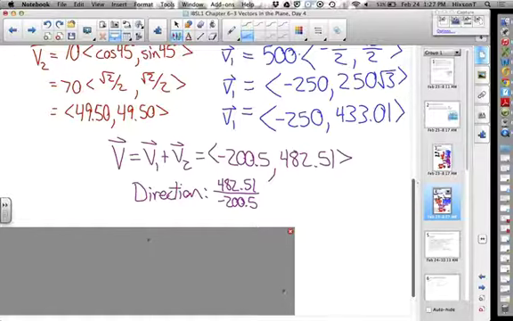For the direction, that's vector slope, right? But how do we get the angle? Tangent. That equals the tangent of the angle, so you do the inverse tangent of that, and that gives us theta equal to what?